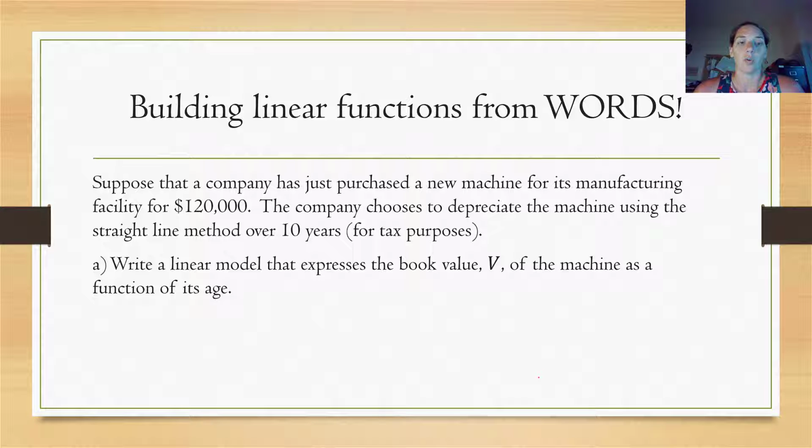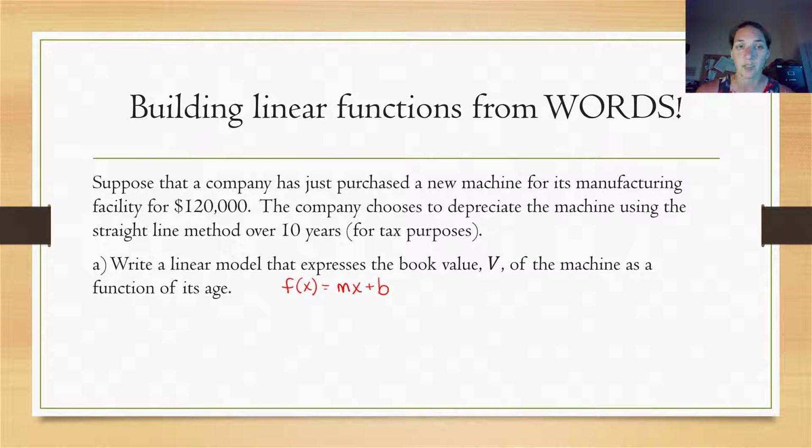So we want to write a linear model that expresses the book value of the machine as a function of its age, right? So how much is the machine worth according to their taxes, what they're reporting for depreciation every year. So we need a straight line, yeah?